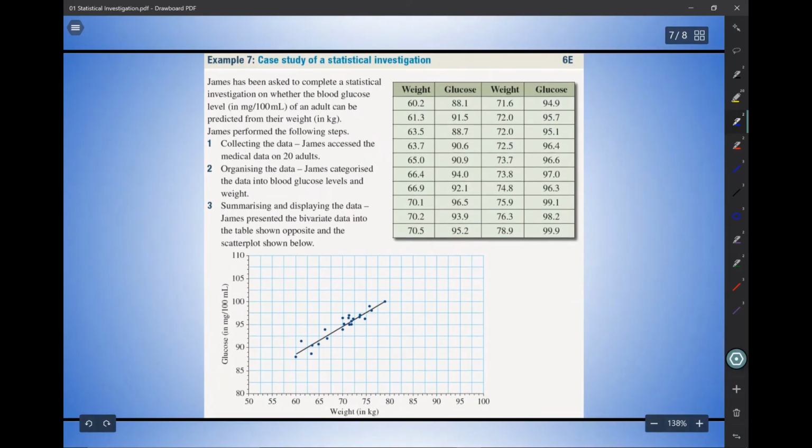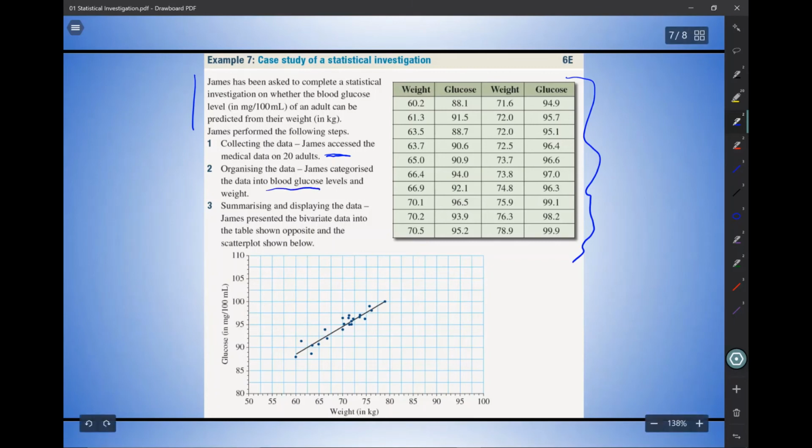So here's an example of a statistical investigation that has happened. This is the weight and blood glucose example that we used in our Excel lesson last week. It just outlines the steps that James took in his statistical investigation. He collected data by accessing medical records.